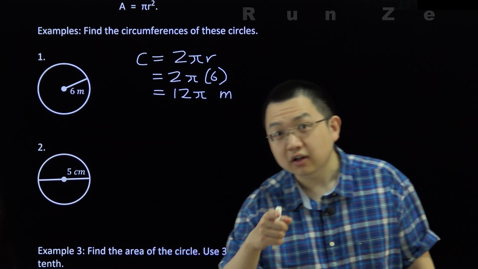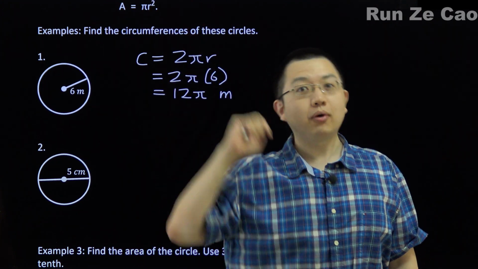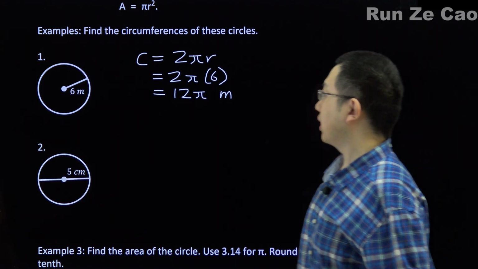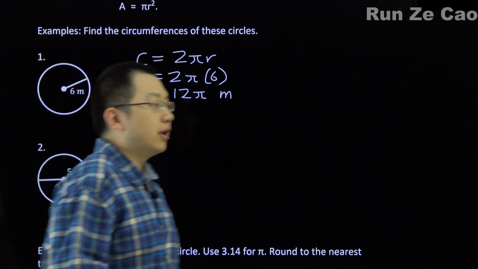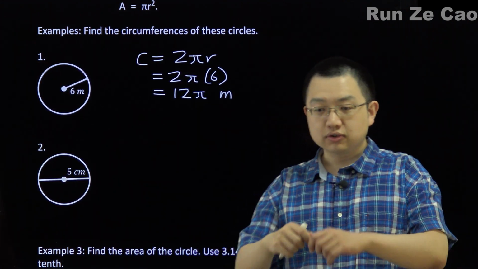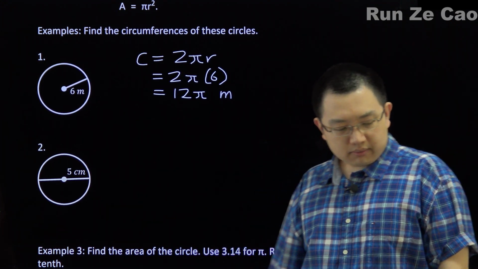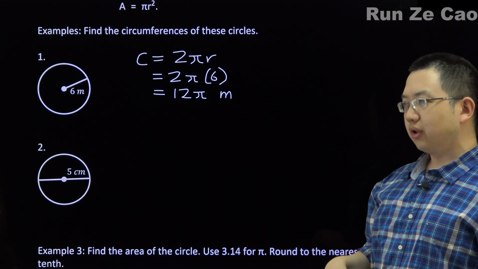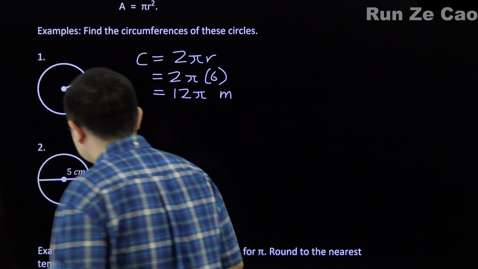Of course, depending on the context of the problem, you will have to round up or round down. Like say you want to put a ribbon around the outside. Of course you're going to round up. In fact, you're going to leave quite a bit of extra slack so that you can actually tie the ribbon. But that's for application. Here we're not told to round to the nearest whatever, so we're not going to round. We would leave it at the exact value.